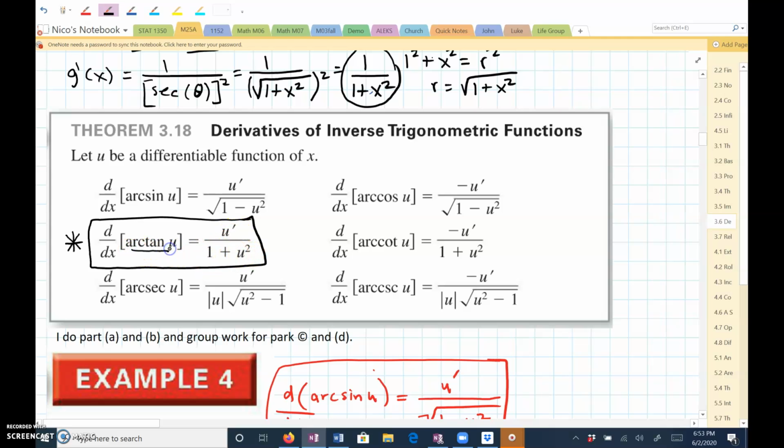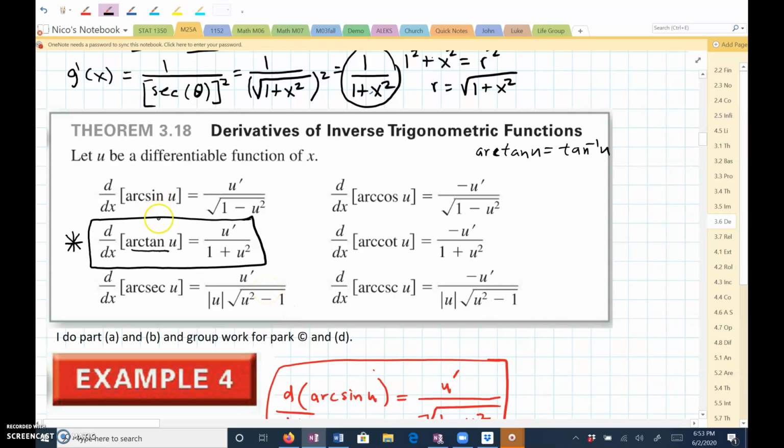Arc tangent of u, so if you see arc tangent of u, that is the same thing as saying the inverse tangent of u. Next, the derivative of arc secant of u with respect to x is going to be u prime all over the absolute value of u times the square root of u squared minus 1.